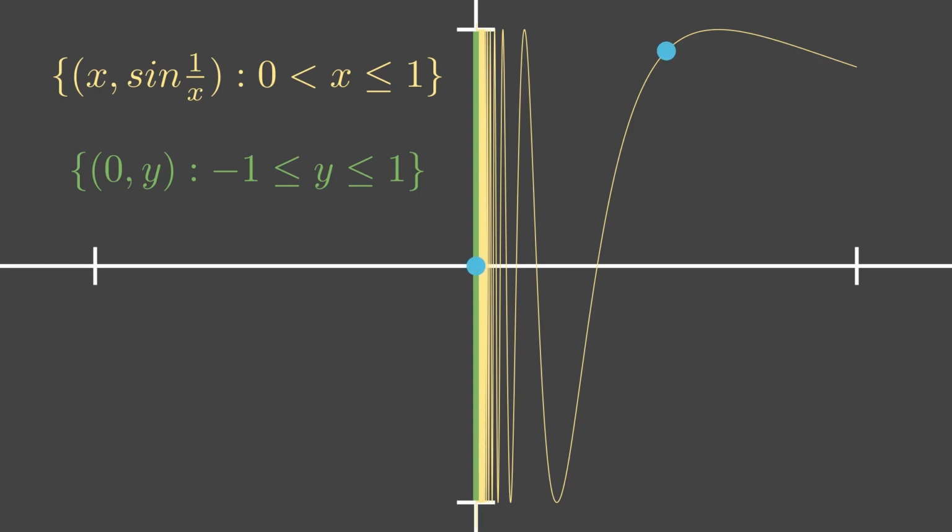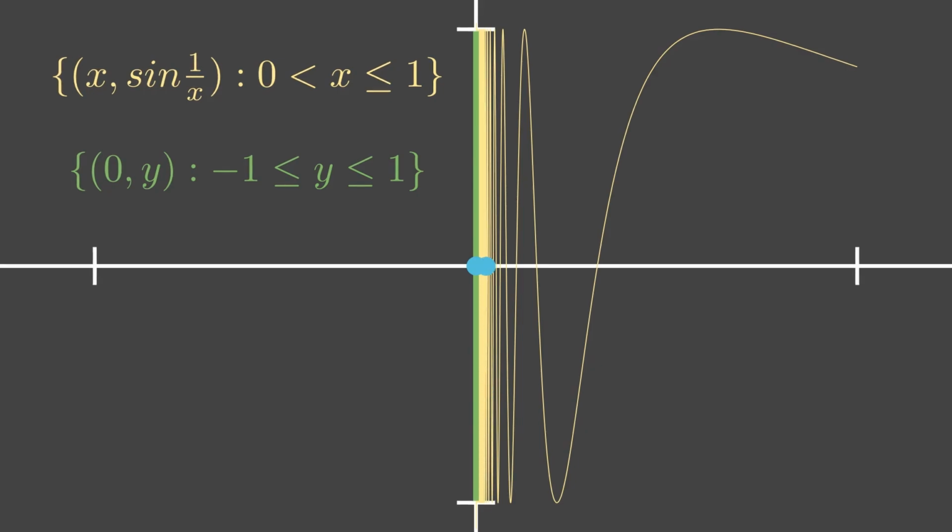We will select 1 point on the green strip and 1 point on the yellow graph. As we try to find a path between these 2 points, we will move the right point along the graph to get closer to the left point. As we continue to travel, the point gets closer to the left point while oscillating more and more.